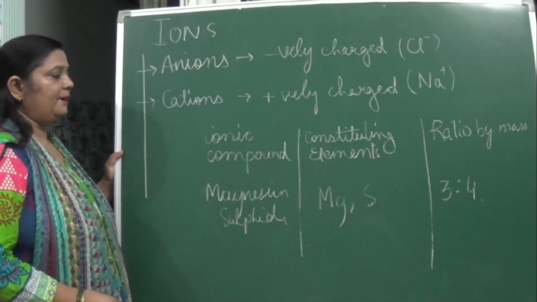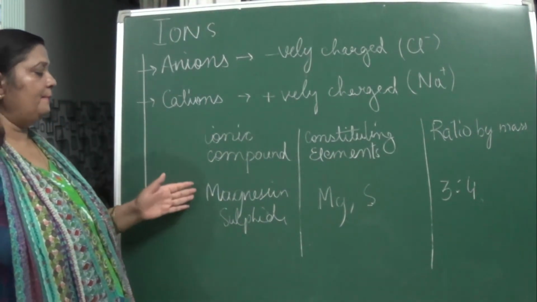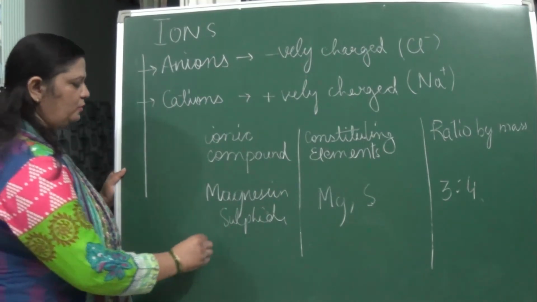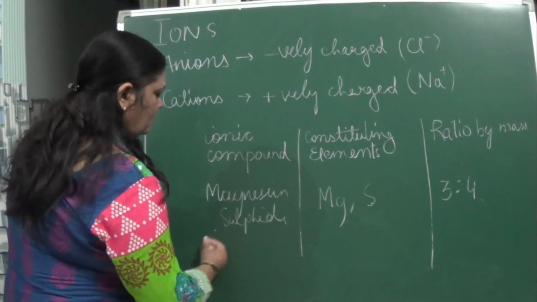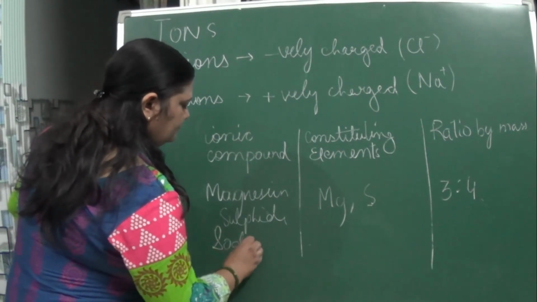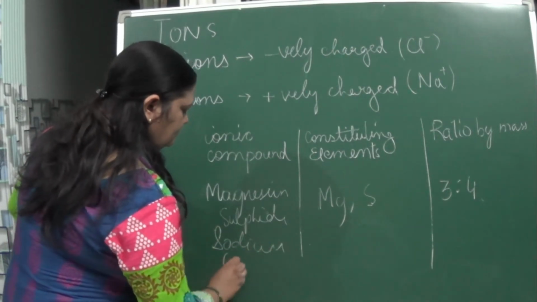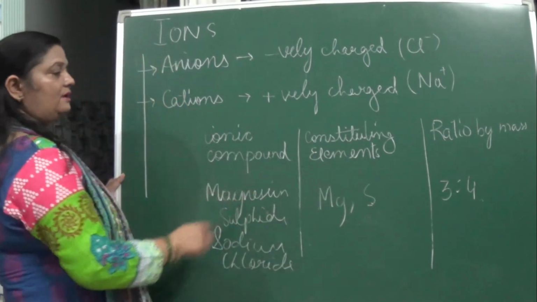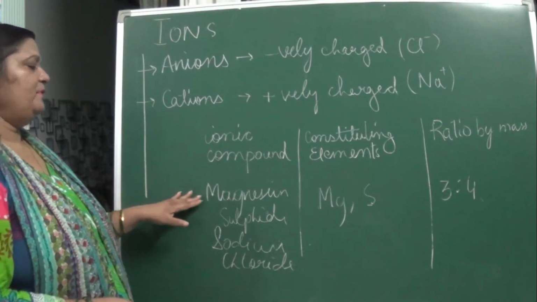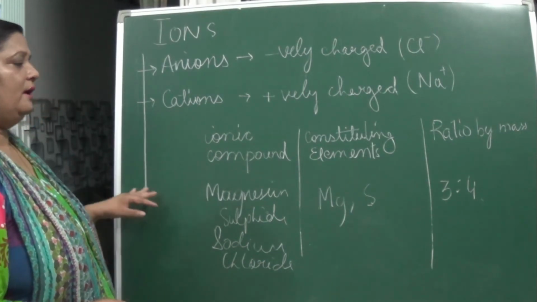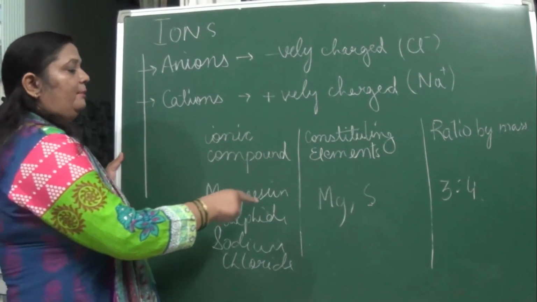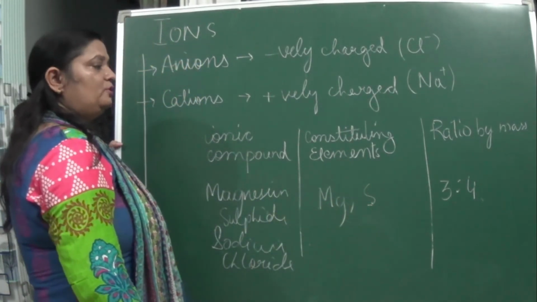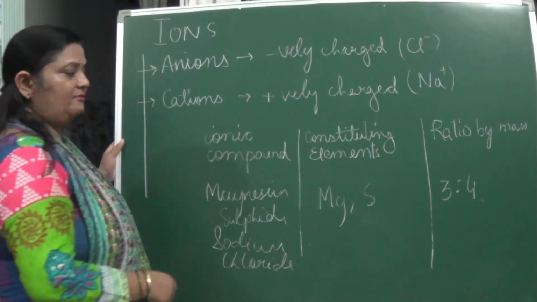So for ionic compounds, an example is magnesium sulfide given over here, and you can take the example of sodium chloride also, okay. So let us see this. Magnesium and sulfur combine together to form magnesium sulfide, okay.